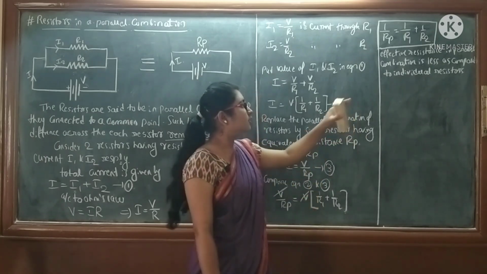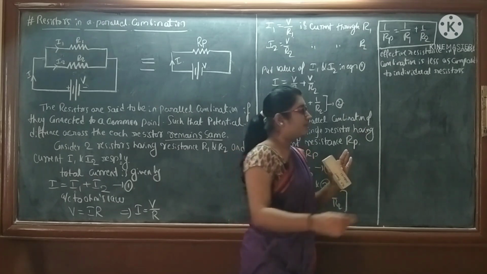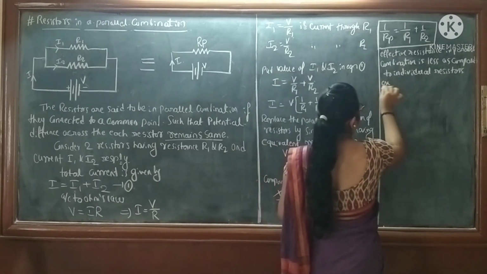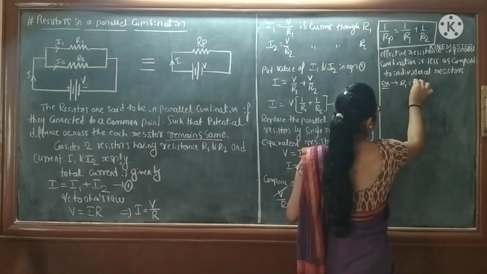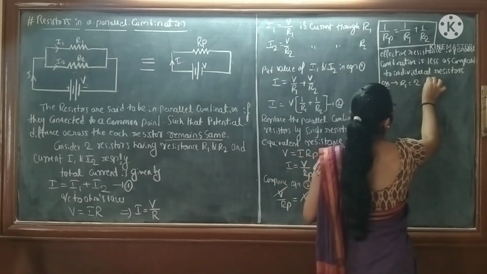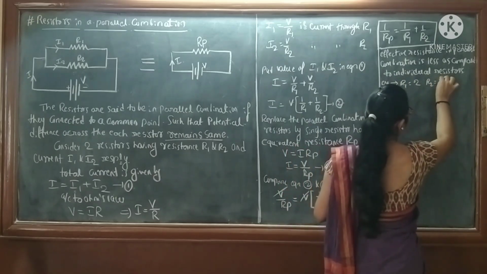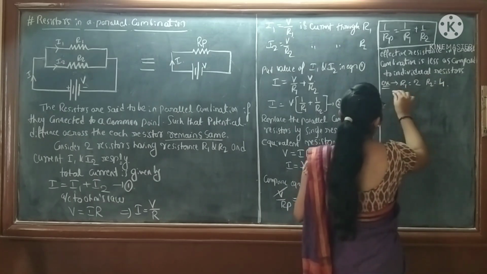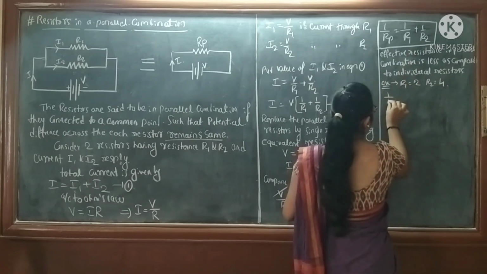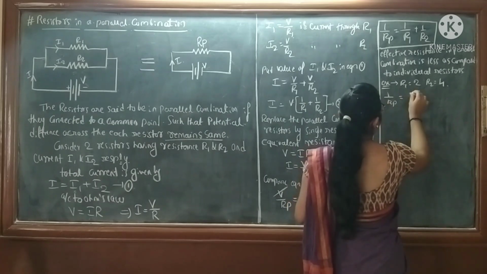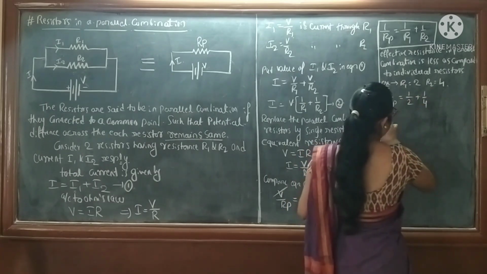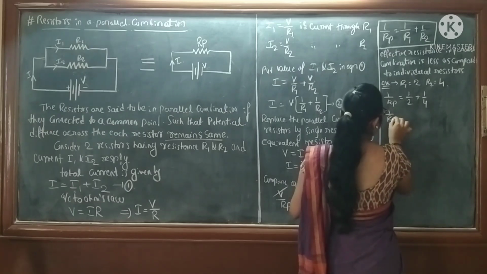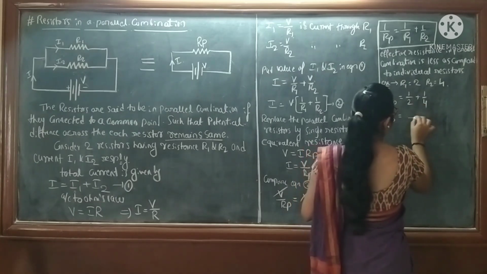Yes, it is. So for example, you can take and just solve it. Take R1 as 2 and R2 as 4, right? So put the values in the equation. 1 by RP is equal to 1 by 2 plus 1 by 4. The LCM is 4.